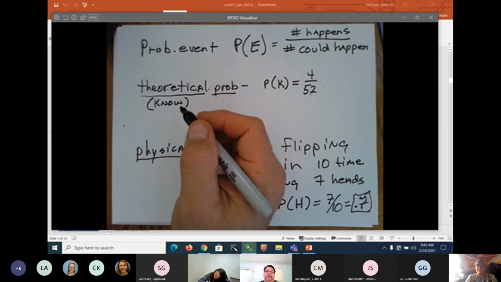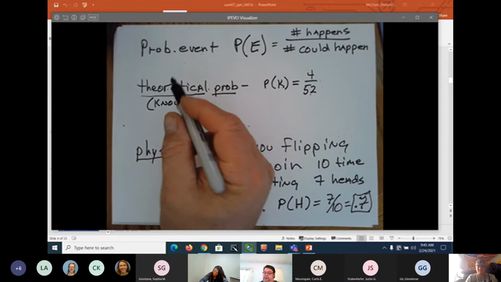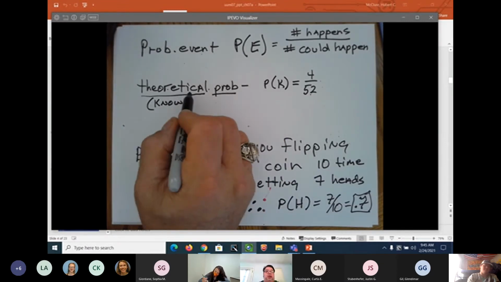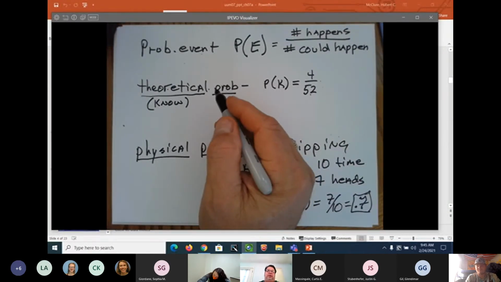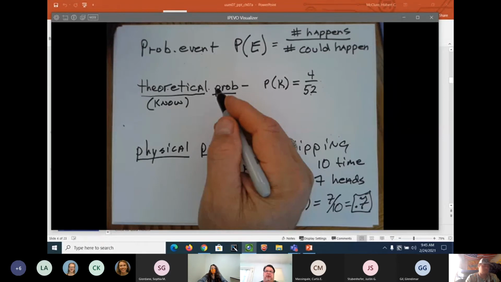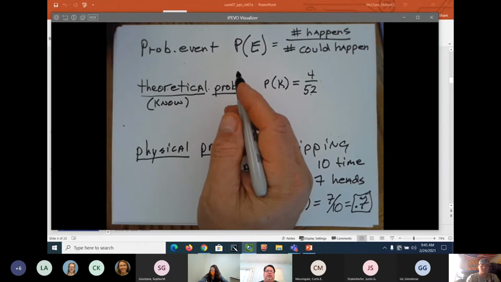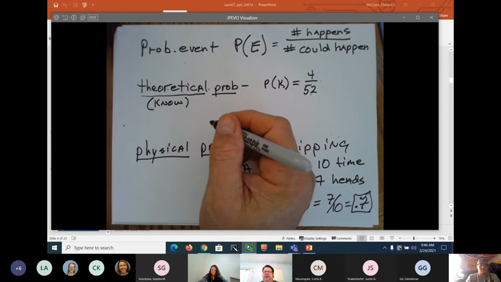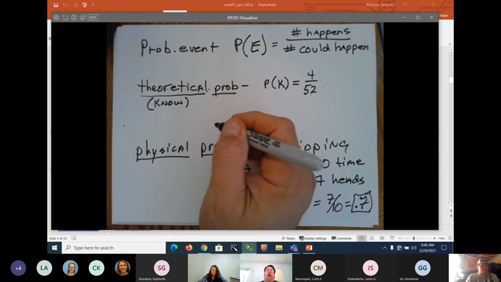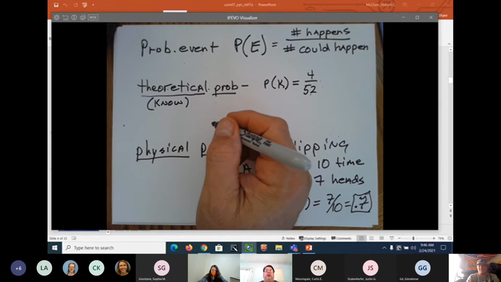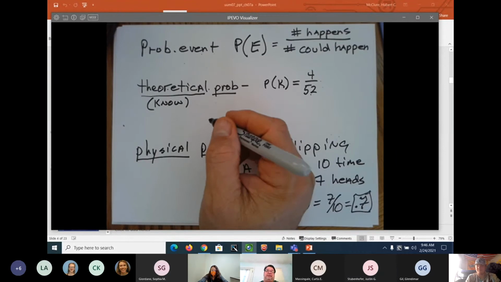If there is, then you have to work on that theoretical knowledge of a deck of cards. How many sides of a die are there? A die is one of a pair of dice. How many sides are on a die? 6. It's a cube, 6 sides.